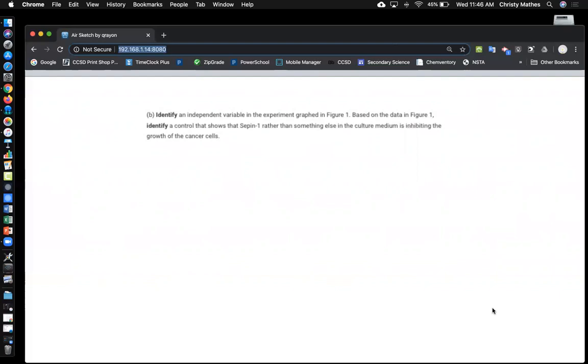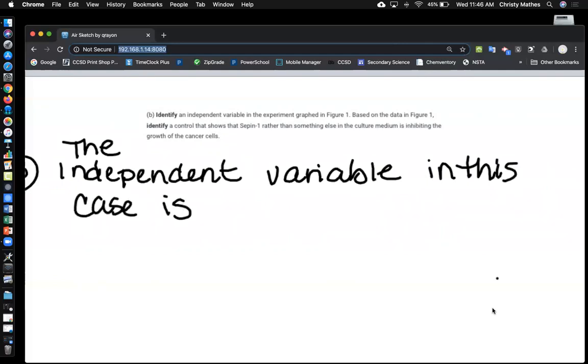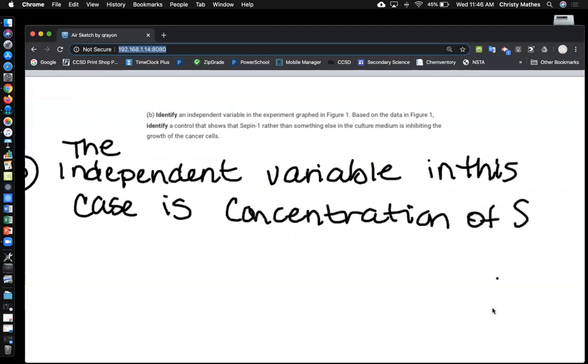This is where we are going to identify and justify experimental design. So in this case, my B, my independent variable, and I probably should start it with "the," right? So I have a complete sentence. So the independent variable in this case is concentration of SEPN1.